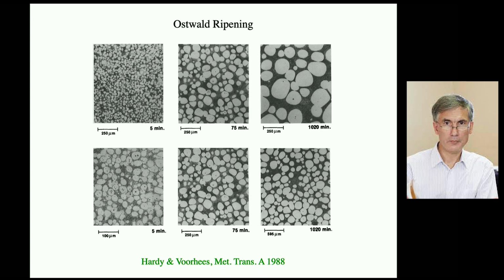Basically what's happening is that the small crystals are melting and the big crystals are growing. That's because we have a critical nucleation radius, which is actually increasing with time. So the crystals smaller than that critical nucleation radius are melting, and those that are larger are continuing to grow, and the whole distribution moves to larger length scales.